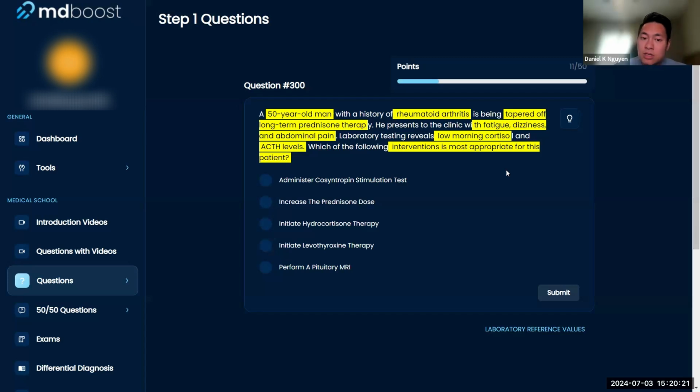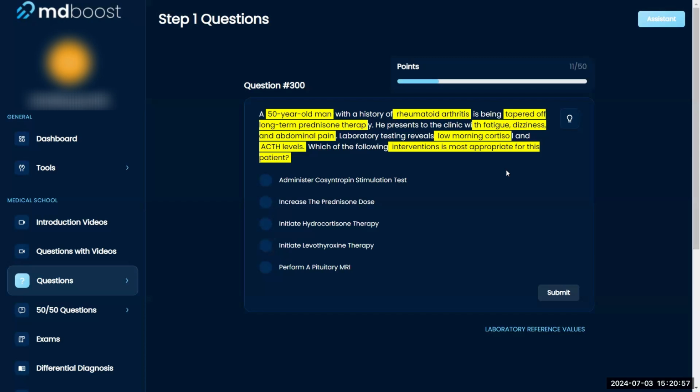Yeah, good. So long-term prednisone therapy, right? Now you have to connect that. If you were on long-term prednisone therapy and now you're getting off it, how can that cause low cortisol and ACTH levels? Because I think the high prednisone kind of told ACTH to produce less, because prednisone is a form of cortisol in a sense.